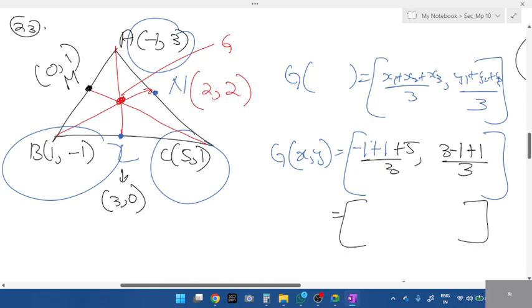Okay, what is the value here? Minus 1 plus 1 gets cancelled. 5 divided by 3. Comma. Here, 3 by 3. What's the answer? 5 by 3, comma 1. This is the value for centroid, students.